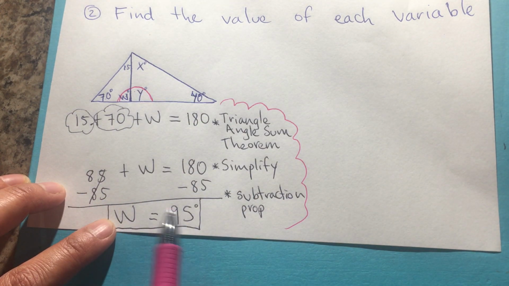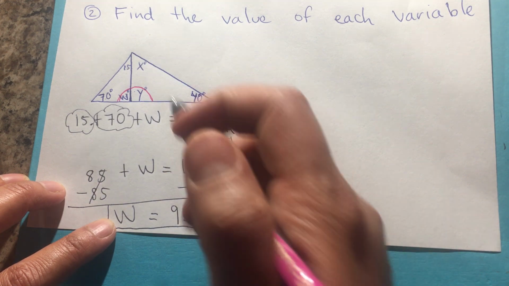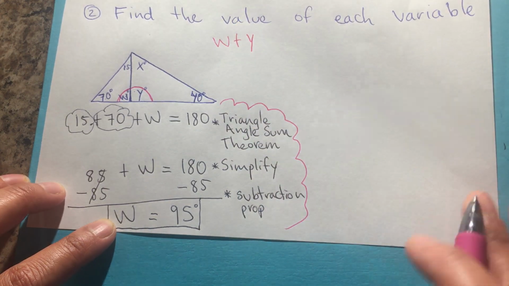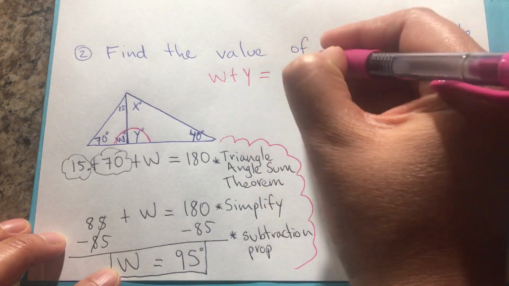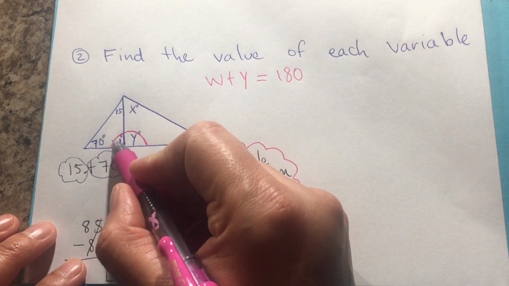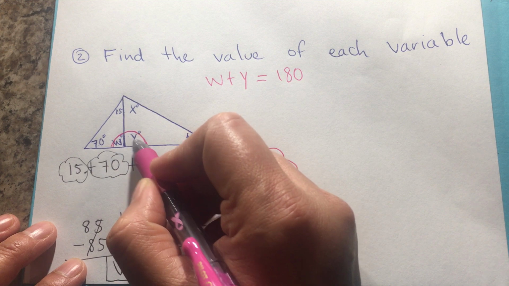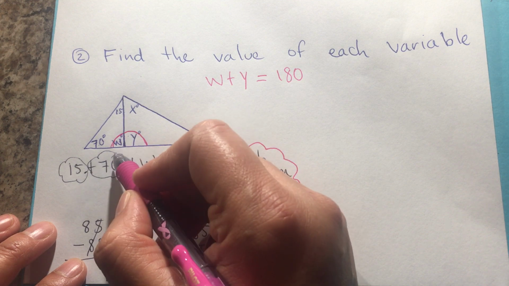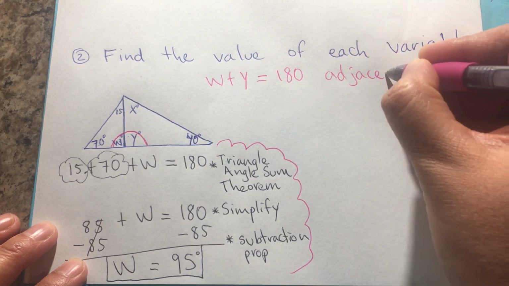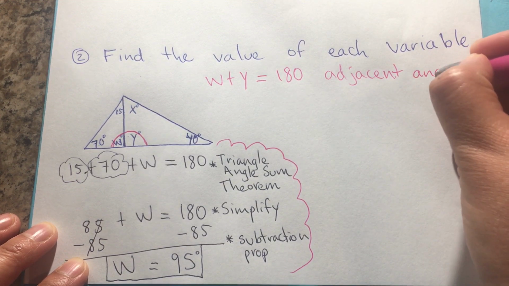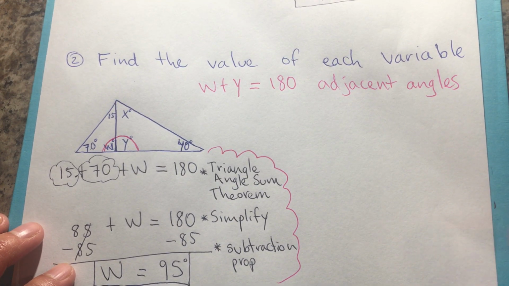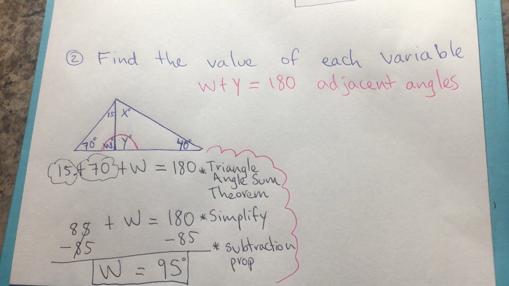So we already know that W is 95, or we can say W plus Y equals 180 degrees. Now, what's that justification? They are adjacent angles. I call it the half orange or the half circle, but they're adjacent angles. Okay? And adjacent angles, remember that their sum is 180 degrees.